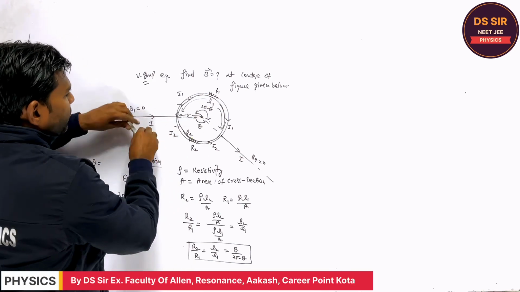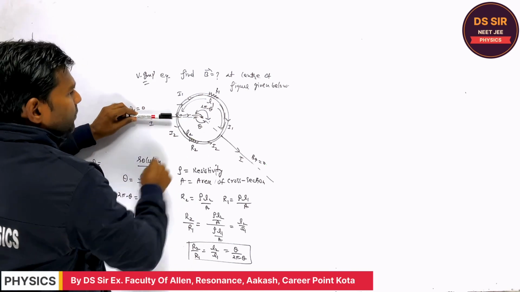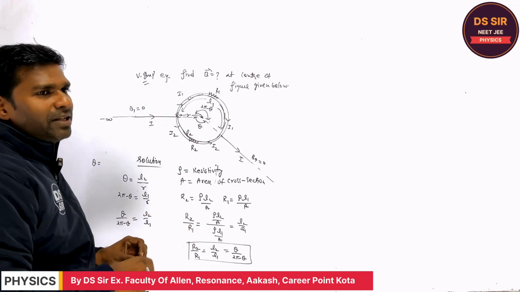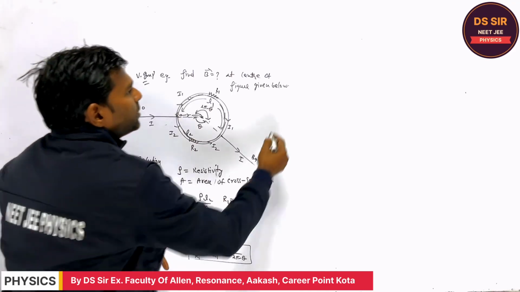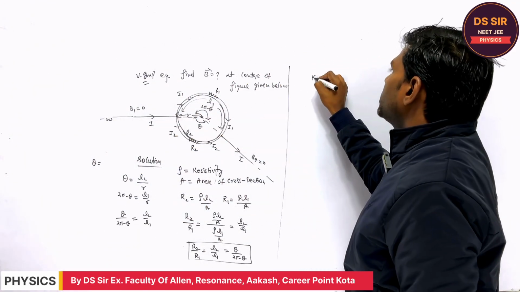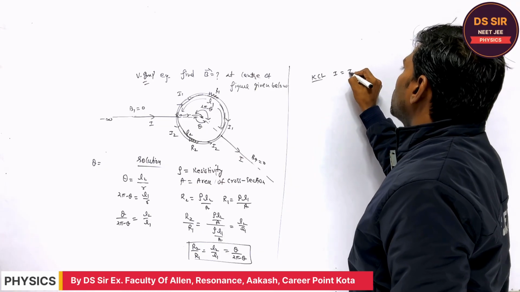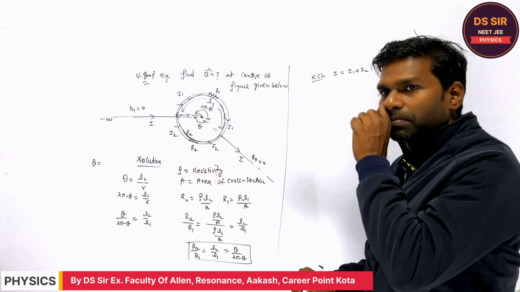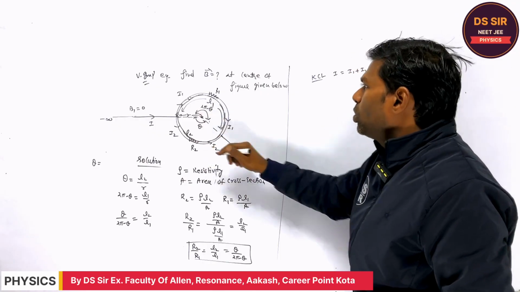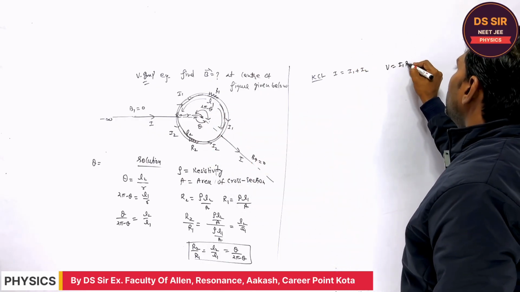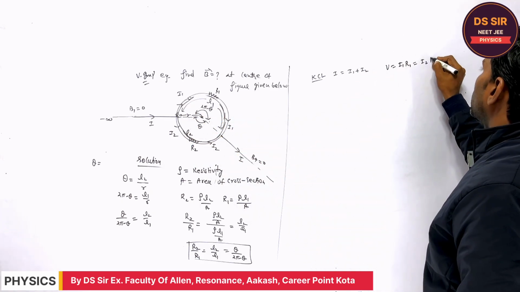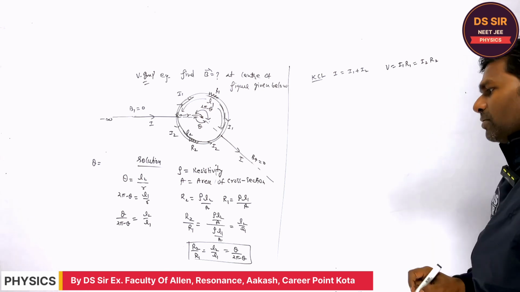Now, if this is the current I, this is I1, this is I2. Although we would have the current divider rule in current electricity, but still if we don't have that, the current I, by KCL, is equal to I1 plus I2. And both resistances are in parallel. So V is equal to I1 R1, the potential difference across this, is equal to I2 R2. Is it clear or not?